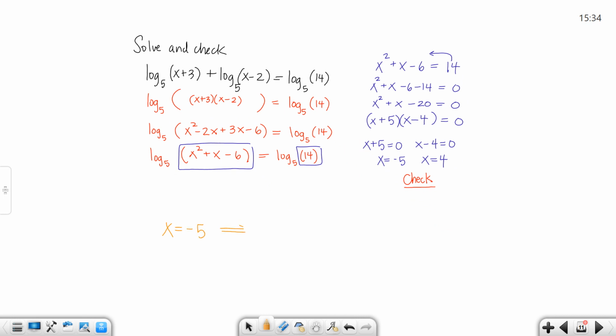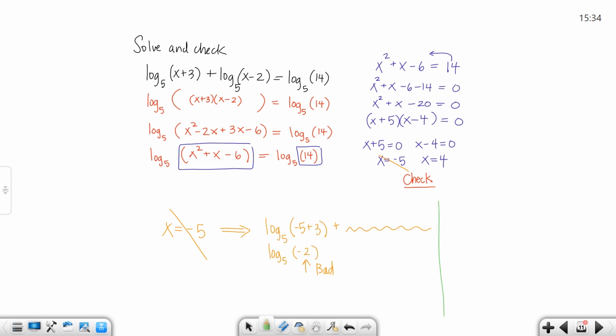If I plug negative 5 into the beginning equation, I get the log base 5 of negative 5 plus 3 plus some other stuff. Now I can stop right there because I get the log base 5 of a negative 2. You can't take the log of a negative number.